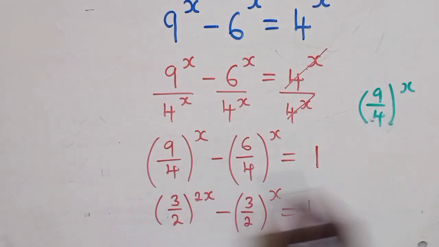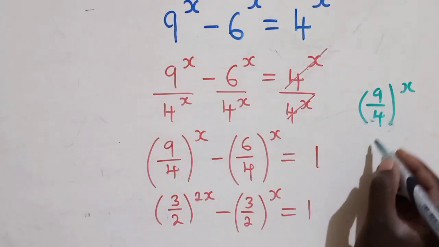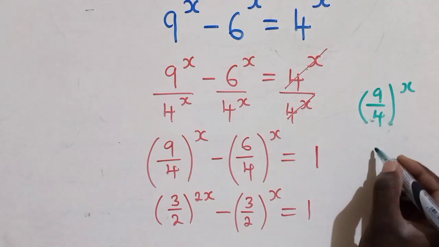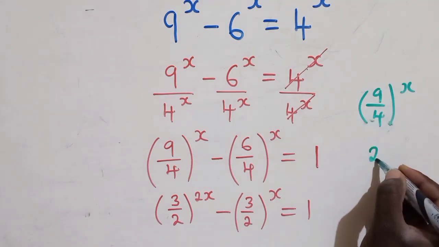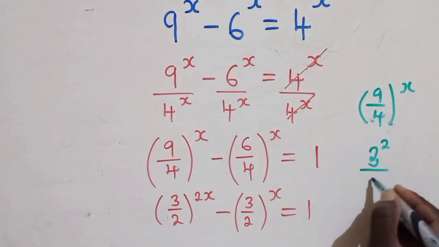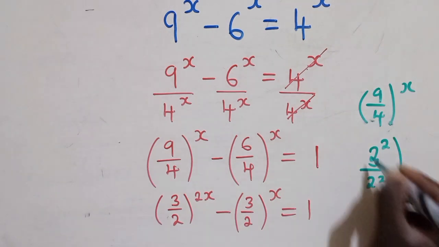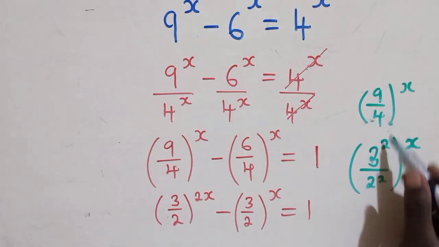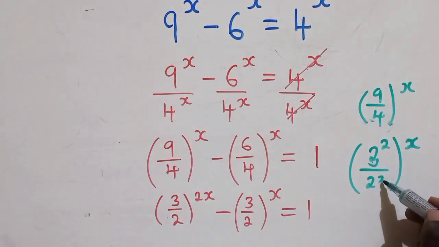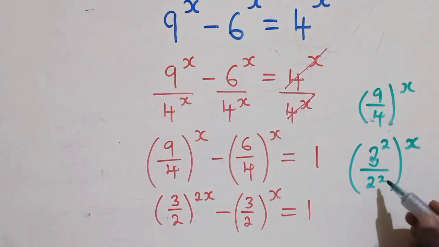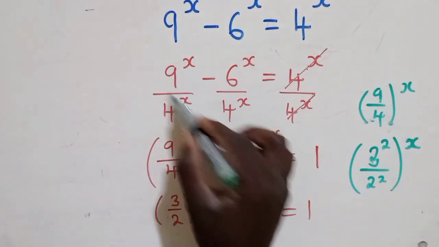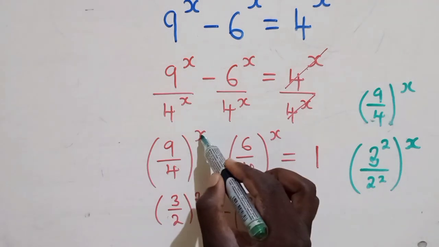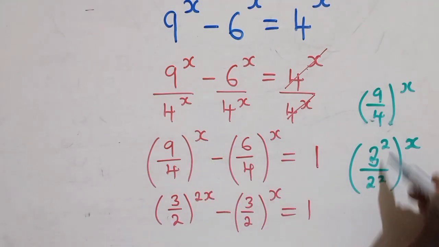I want to show you what I've done here. We can write this as 3 power 2 over 2 power 2, and the power x here. We know that 3 power 2 is the same as 9, and 2 power 2 is the same as 4. Using the laws of indices like we did here and here, where we factored out the x, there is a power here and a power here.